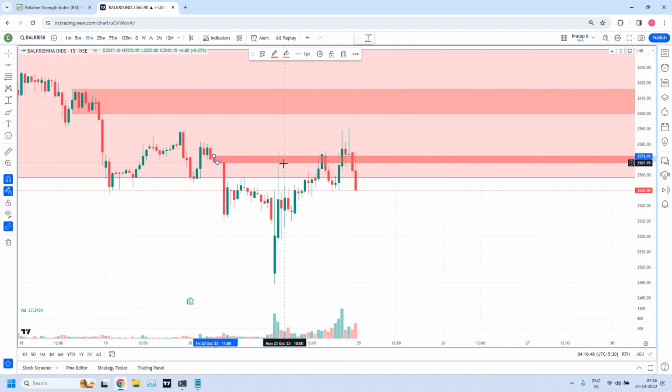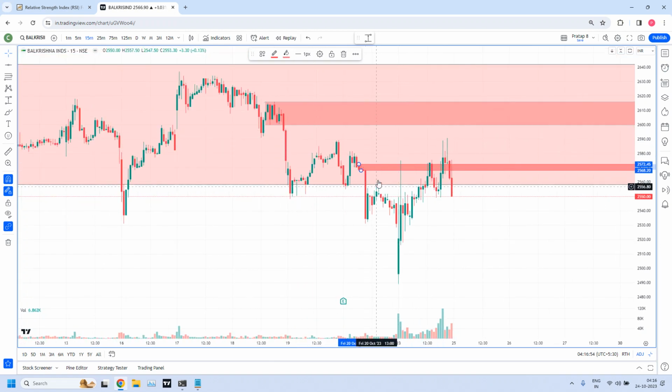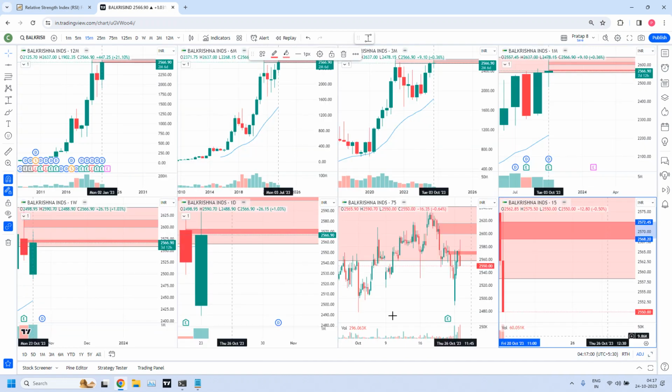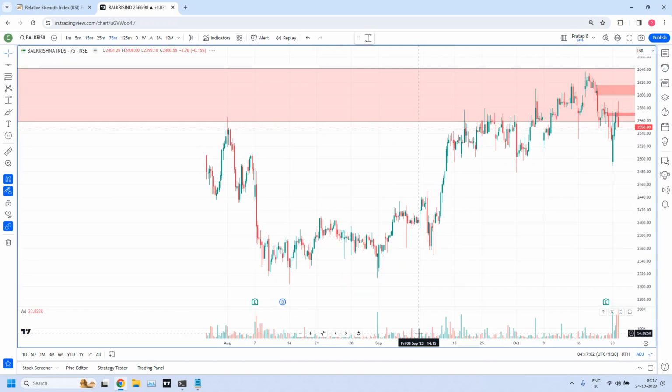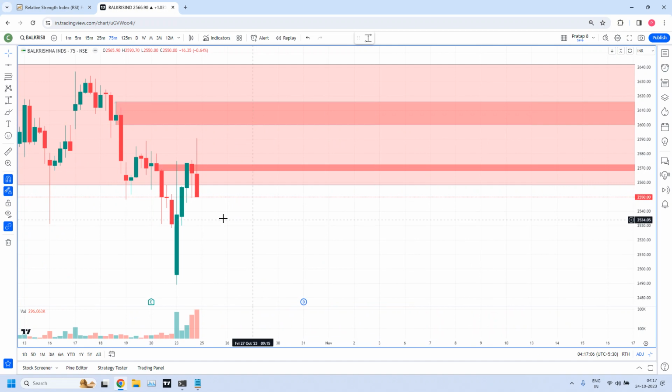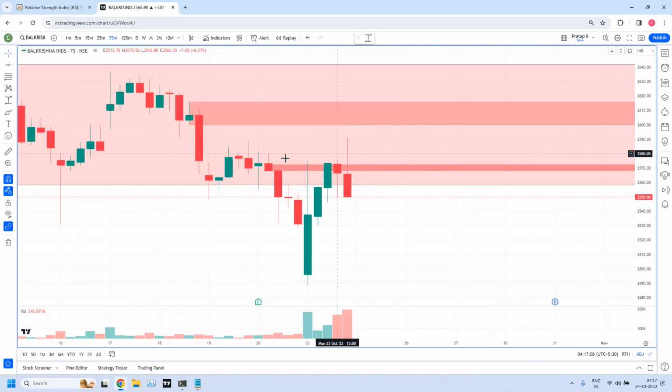See how easily it is violated today, this candle. If you find any 75 minutes in this location, we didn't find. If you look into the 75 minutes chart, we didn't find any proper 75 minutes supply here.